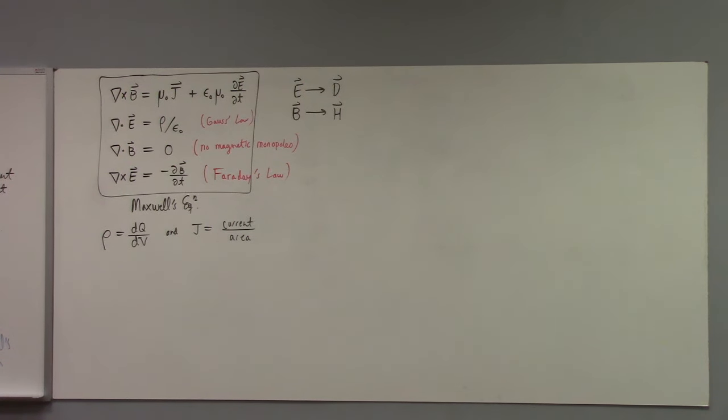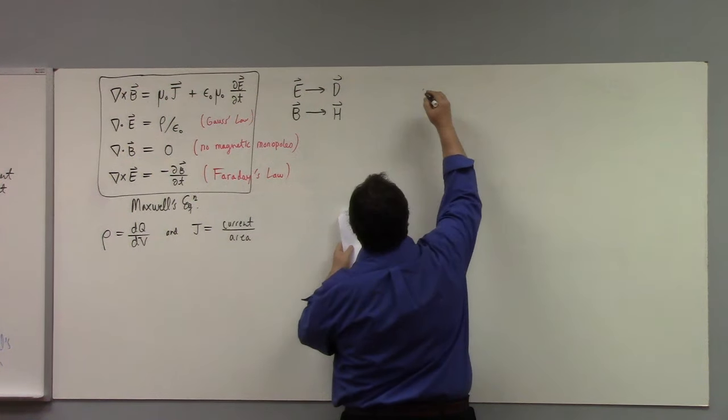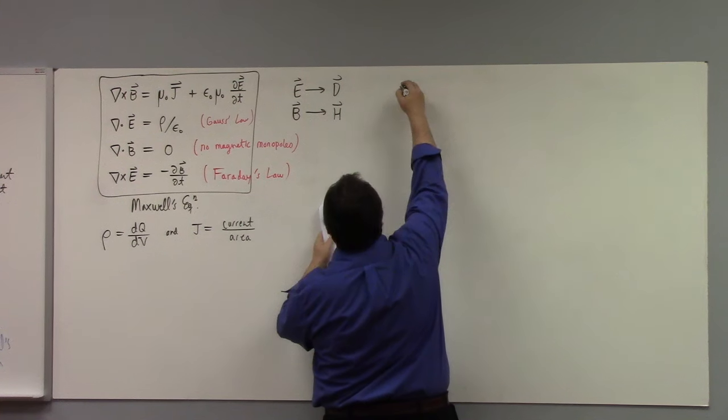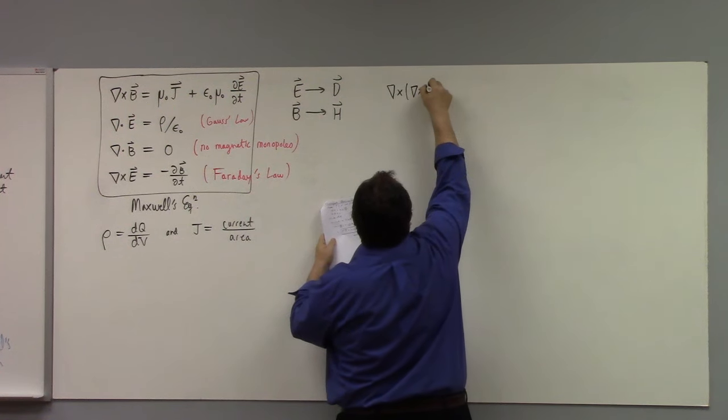And what's interesting is once you write these down, you can put them together. Let me show you some calculations. There is an identity which you probably did not see in Calculus 3, but this is true. The curl of the curl. Remember that one?